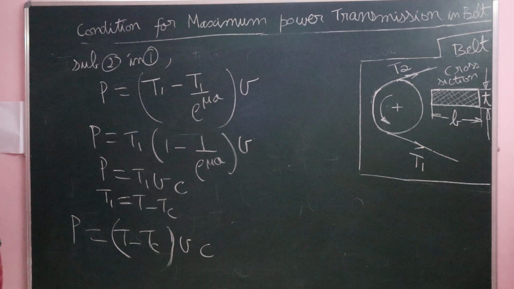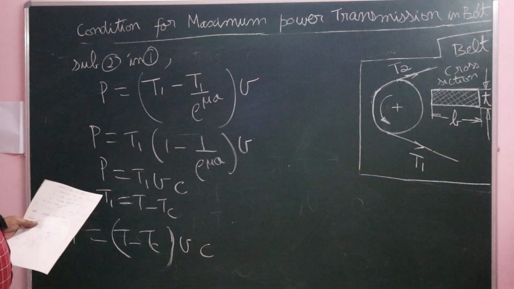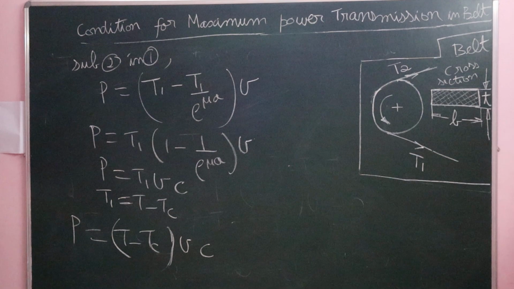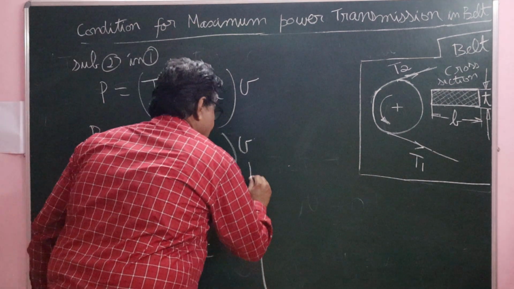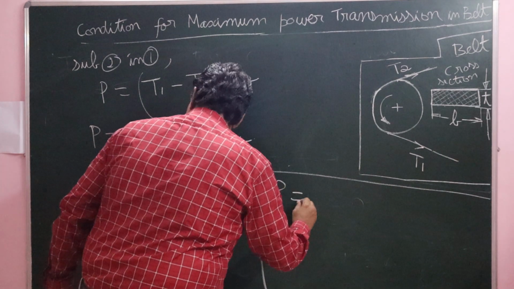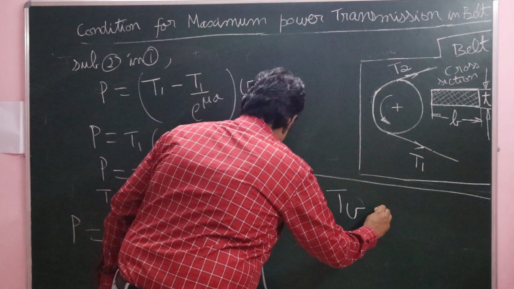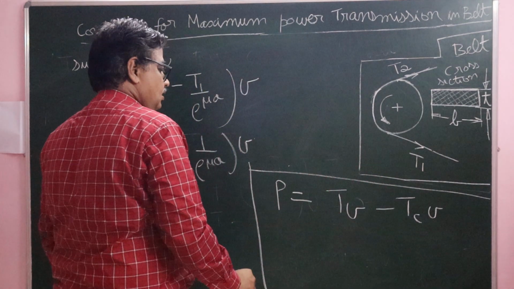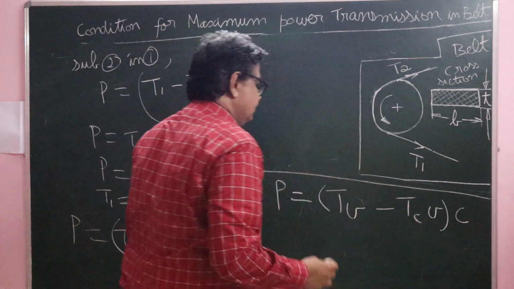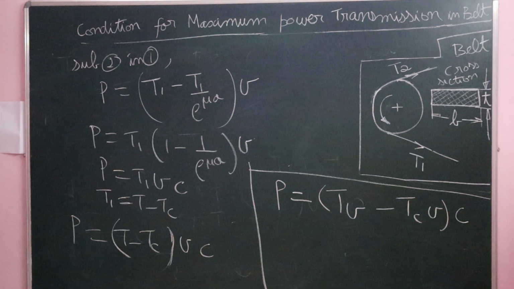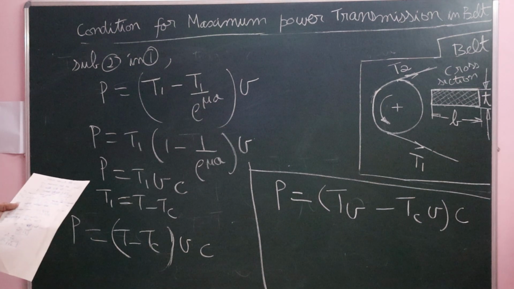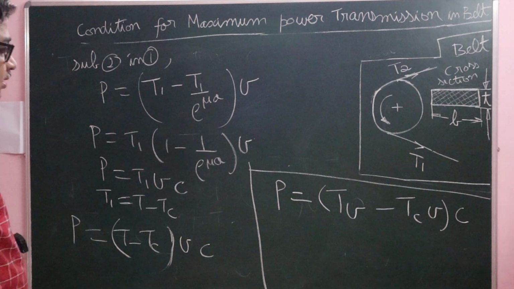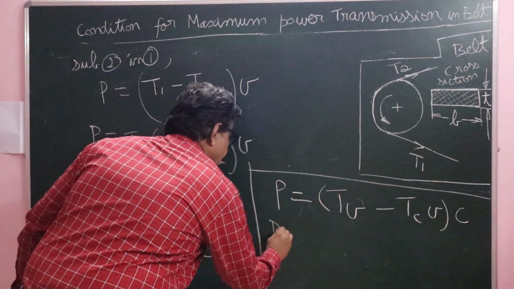So for maximum power transmission, multiplying this out, P is equal to TV minus Tc into V into C.